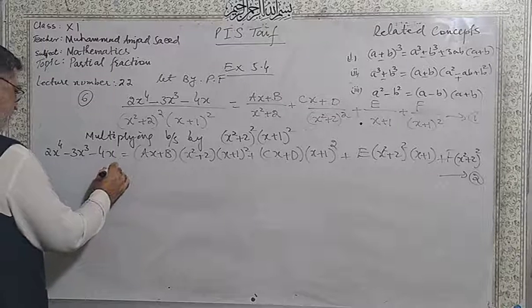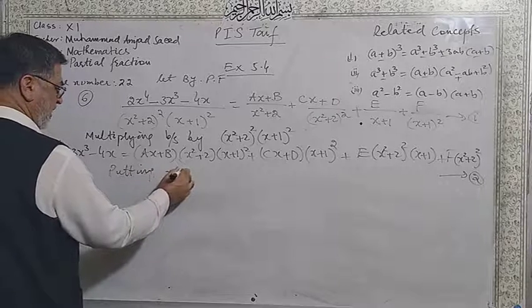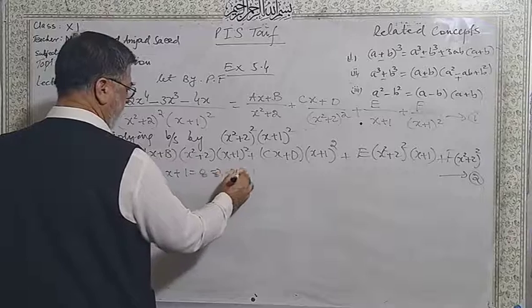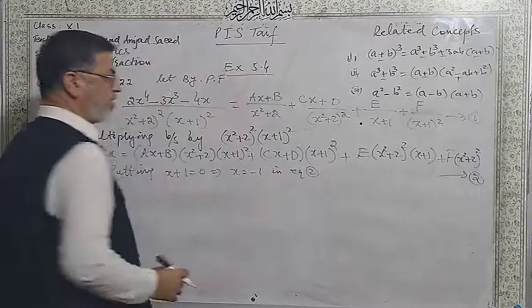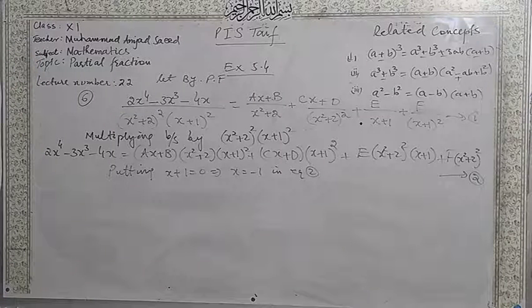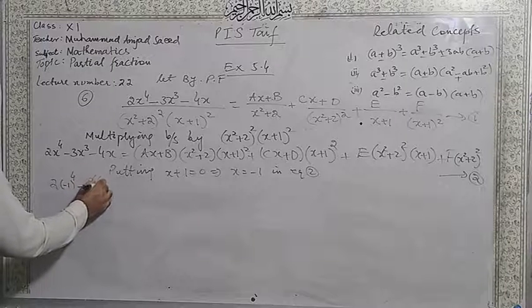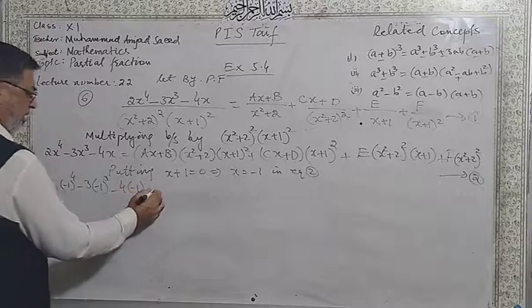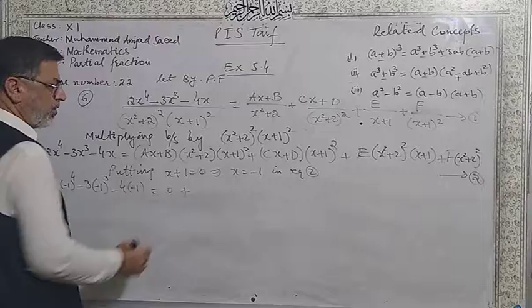Putting x + 1 = 0 implies that x = -1 in equation number 2. So here is 2 into (-1)^4, minus 3 into (-1)^3, minus 4 into -1. That is equal to, here x + 1 is involved, so the whole term is 0.